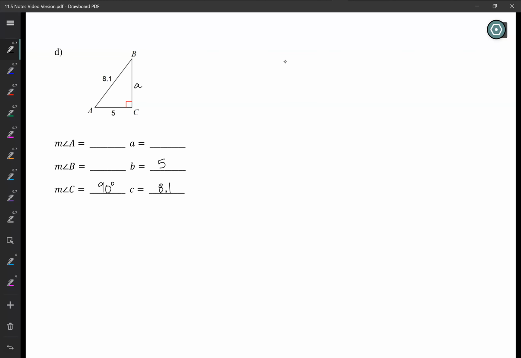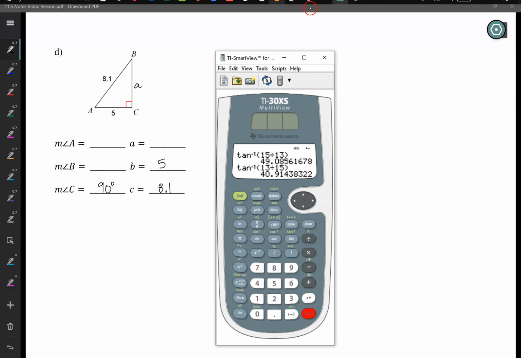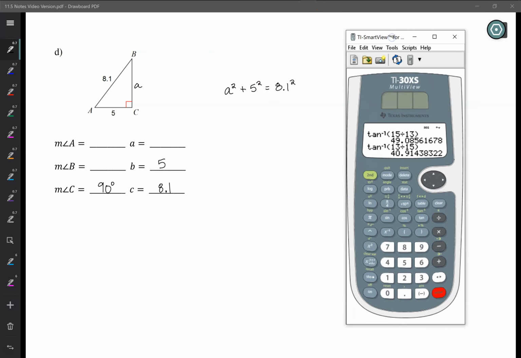All right, I'm going to go ahead and find the missing side first. So leg squared, a squared, plus leg squared, 5 squared, equals hypotenuse squared, 8.1 squared. So that's a squared plus 25 equals 65.61.